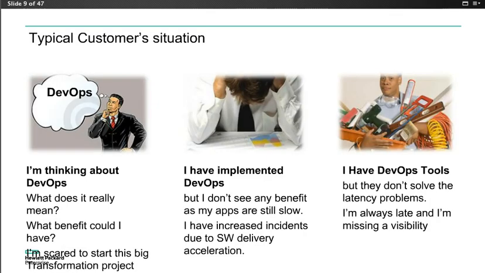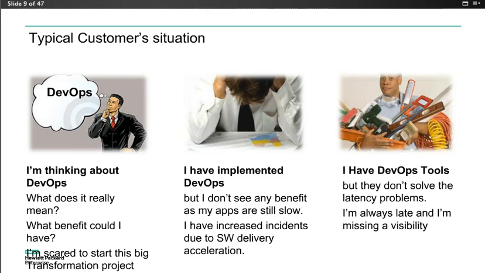The other thing I would like to share with you is the typical situations when we have a chance to talk with customers about DevOps. The first example is that the customer knows about DevOps and knows the benefits of DevOps, but is scared of what this transformation project can bring and maybe damage.